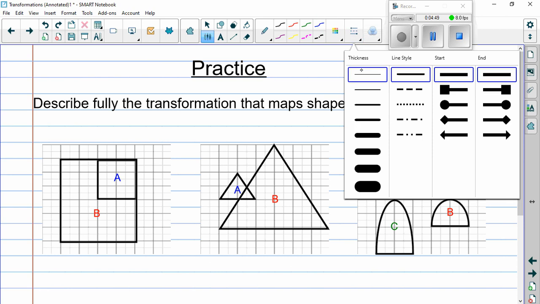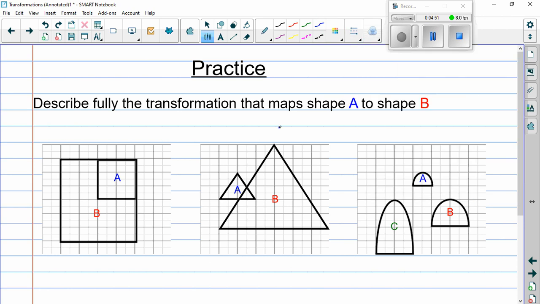Hi, welcome back. So let's go through these answers about how to describe fully the transformation that maps shape A to shape B. So we know that we're doing enlargements right now. So I'm just going to say that, hey, we're enlarging for each of these shapes. And keep in mind, even if it gets smaller, we still call it enlargement, but we will deal with those later.